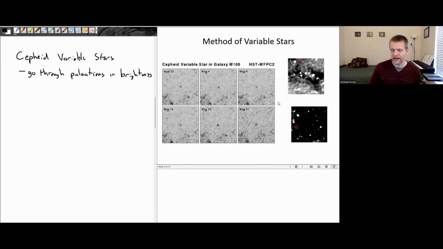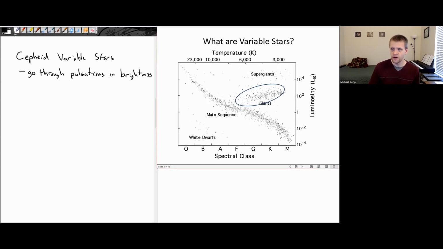So we're going to look at some of the properties of these Cepheid variable stars and talk about why they're useful for measuring cosmic distances. So what are these variable stars? Well, if we looked at the HR diagram, they'd be in the giant part of the diagram, where there's something called the instability strip.